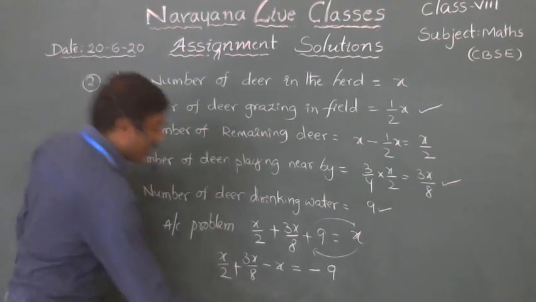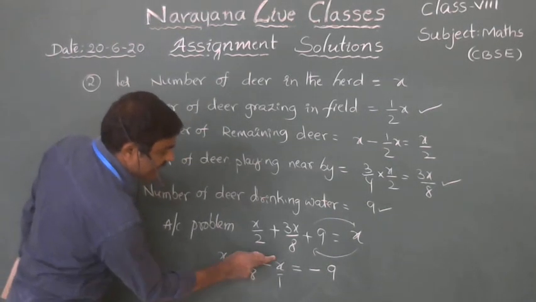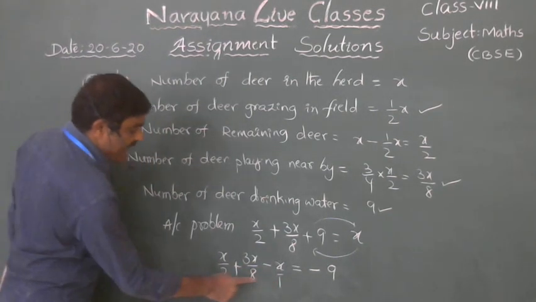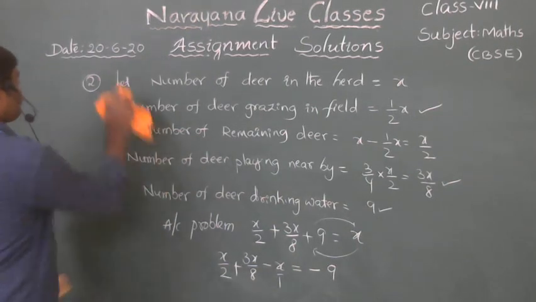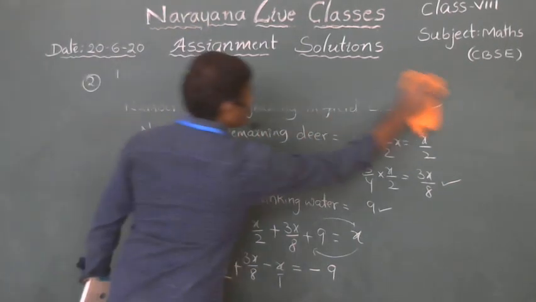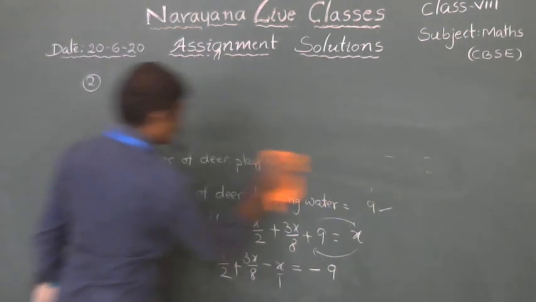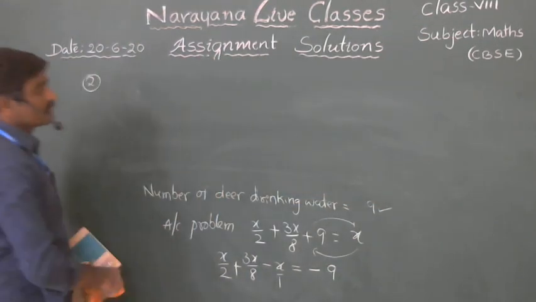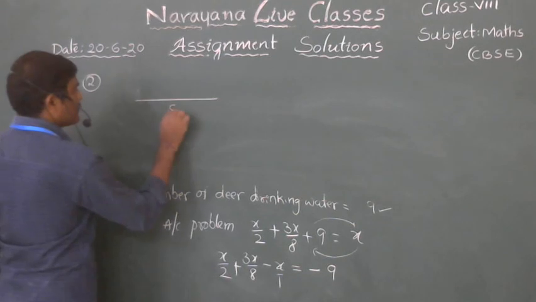So let us simplify. All are like terms here: x by 2, 3x by 8, x by 1. The denominators are 2, 8, 1. Let us take the LCM for this. So the LCM is 8.